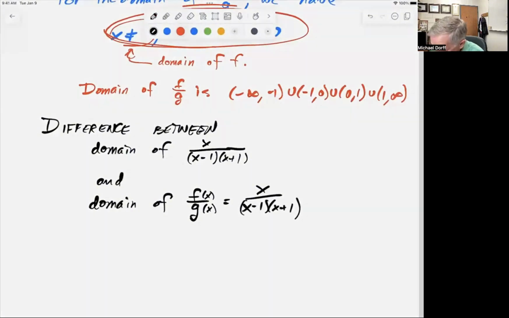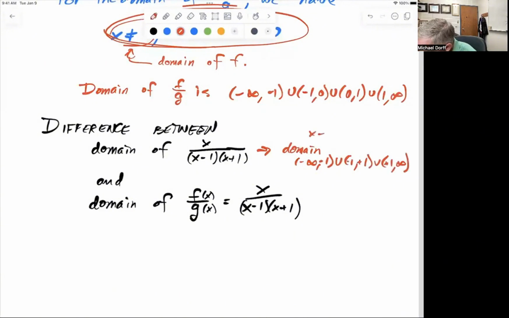So in the first case, if we just had the rational expression x over x minus 1 times x plus 1, the domain would be negative infinity to negative 1, union negative 1 to 1, union 1 to infinity. I had those backwards. x cannot equal negative 1 and 1, because this is just what we're starting with.